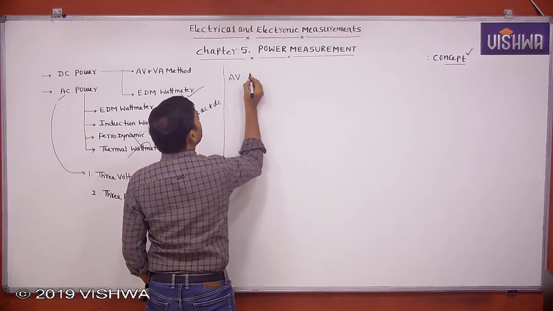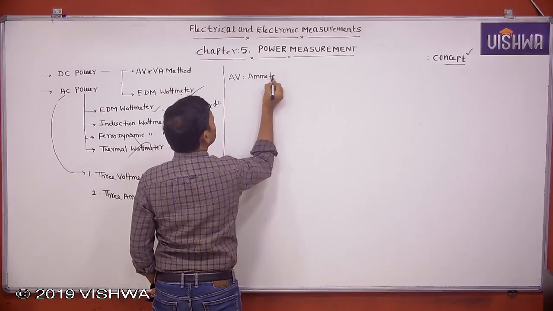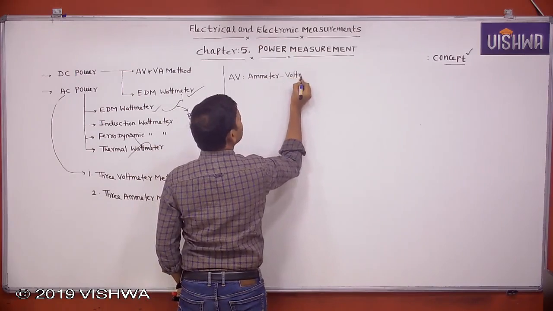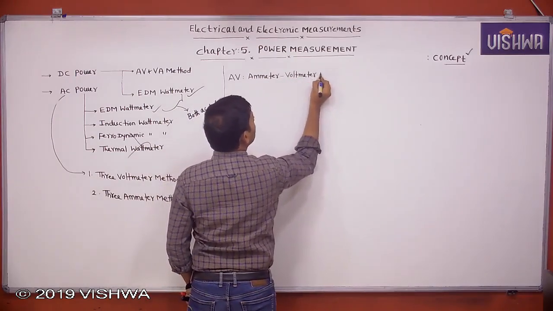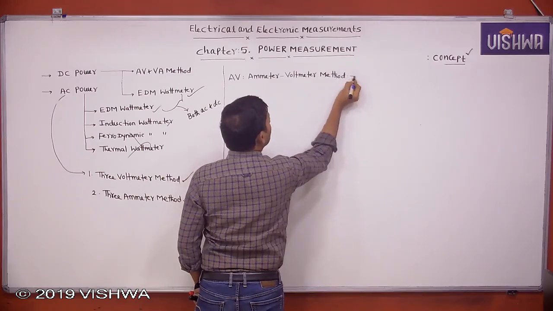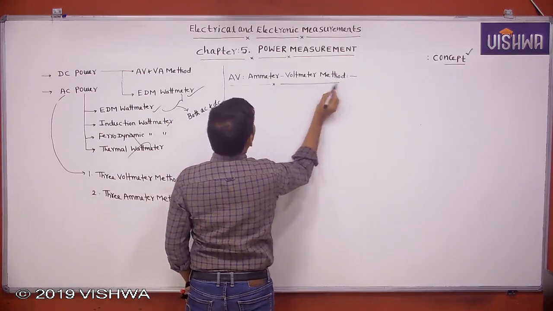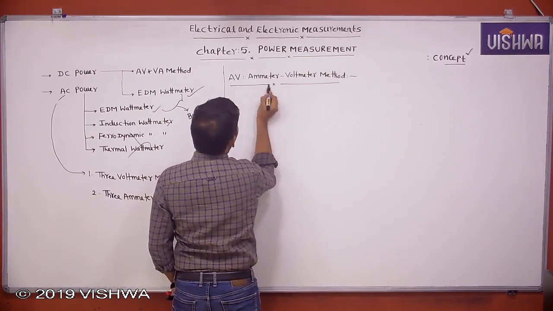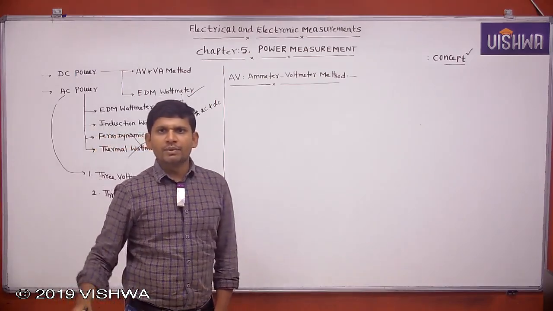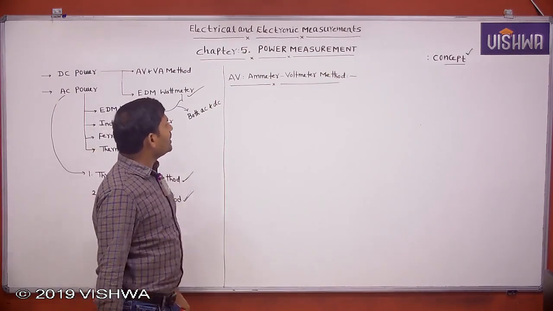AV means the ammeter-voltmeter method. How can we measure the DC power by using the ammeter-voltmeter method?